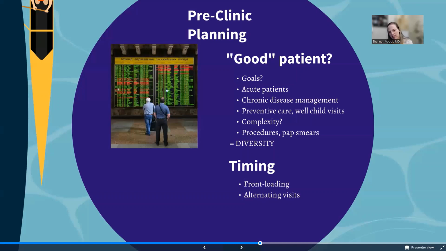In terms of timing, it just depends on your clinic and when you need to get out of there. I front load my students a little bit. So I typically will have them see my first patient of the day if it's appropriate. And then they see every other patient until they've gotten to 4. Then I let them finish their notes while I'm finishing up.